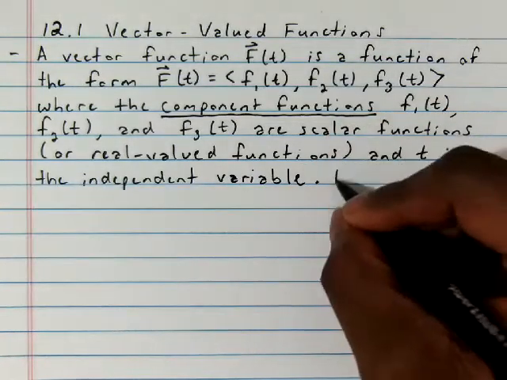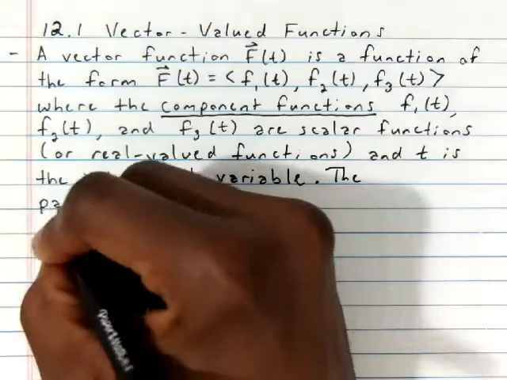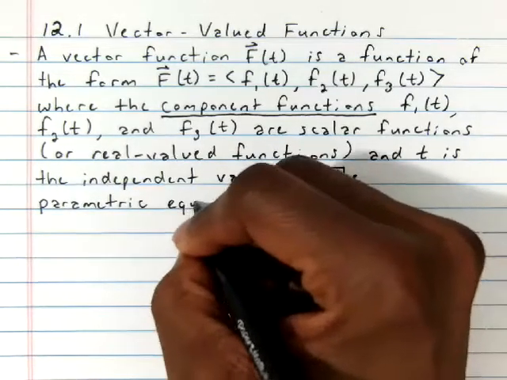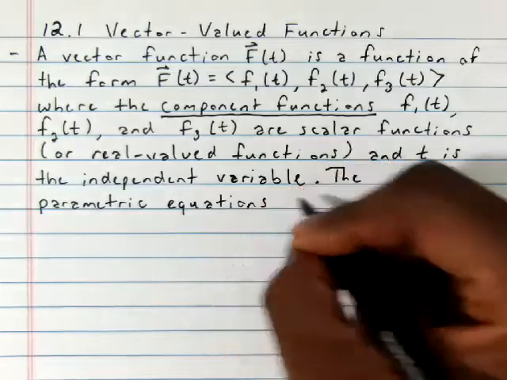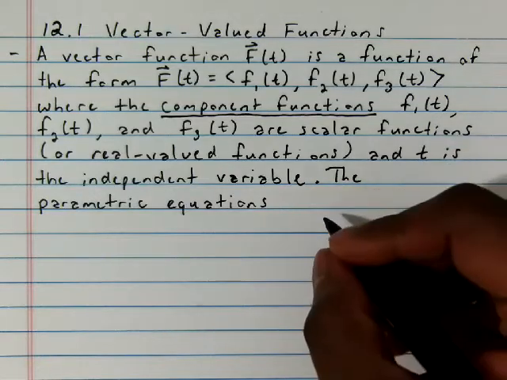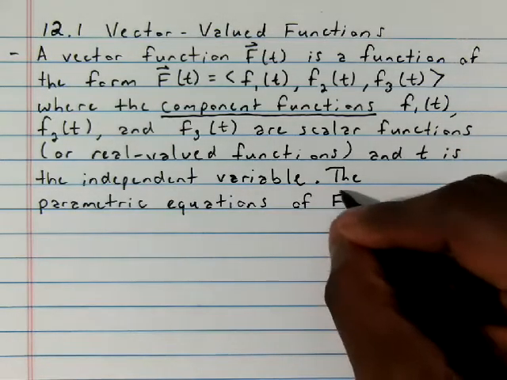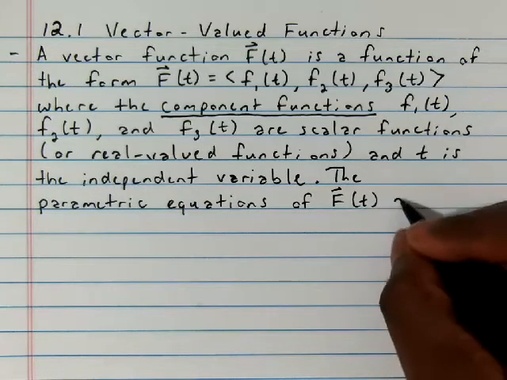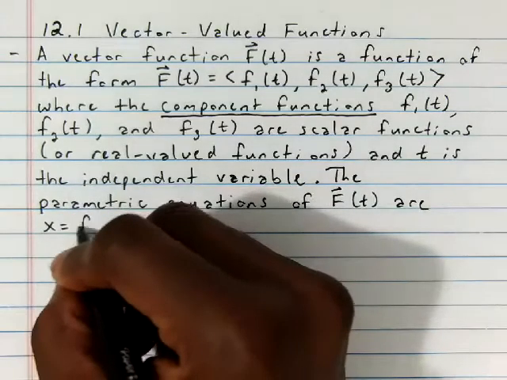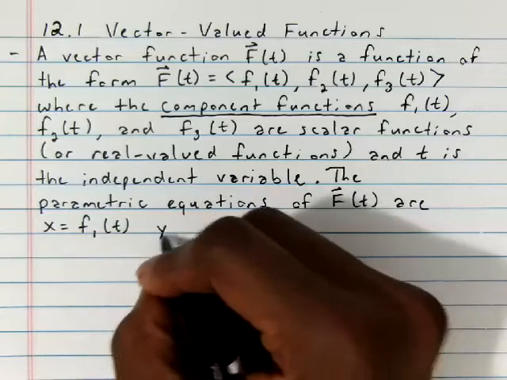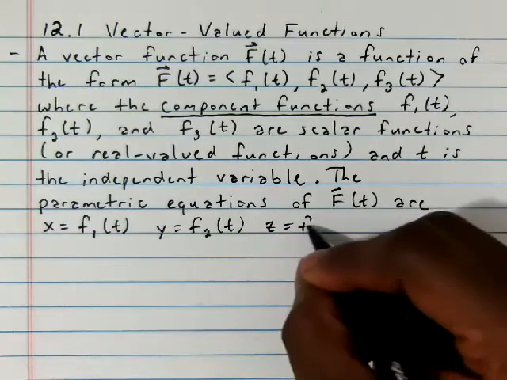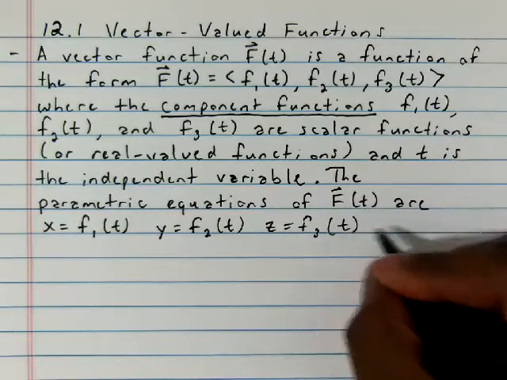The parametric equations of F of t are x equals f sub 1 of t, y equals f sub 2 of t, and z equals f sub 3 of t.